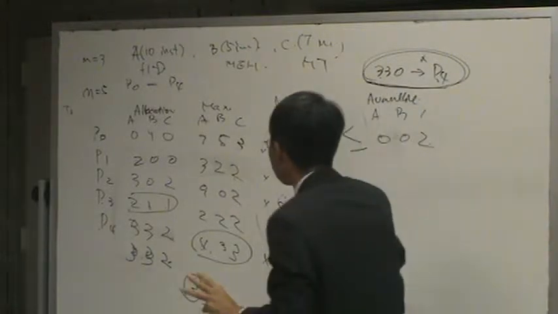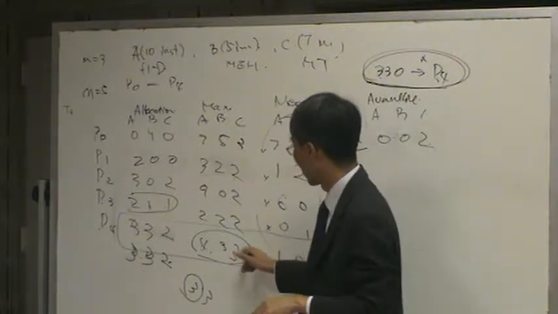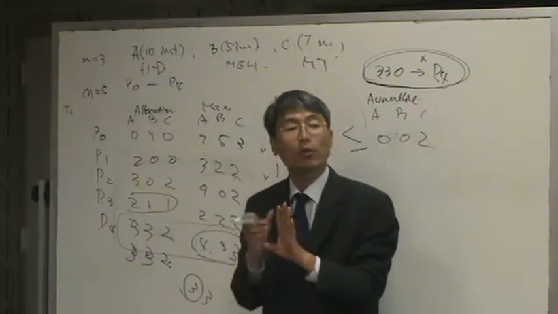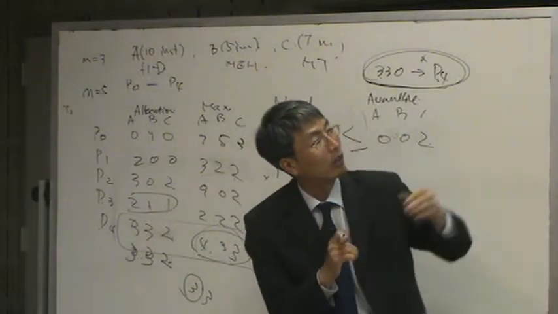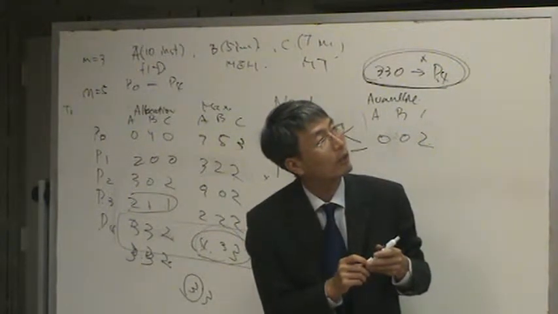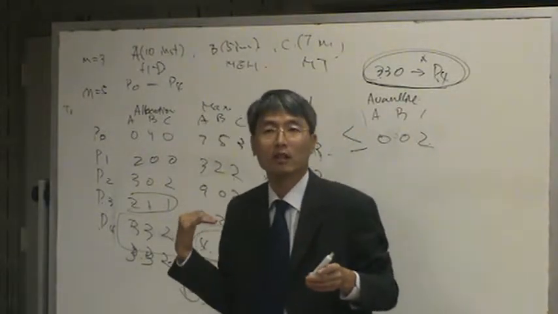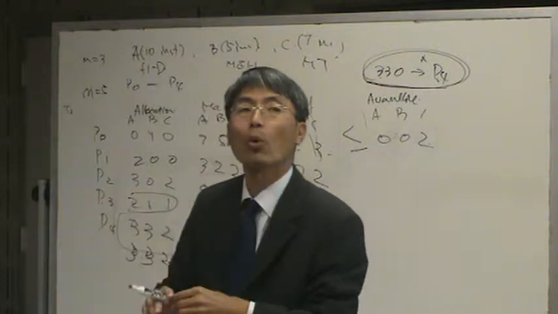Because to be terminated, it needs more resources. So it requests 3 more A and 3 more B, and nothing for C. At that time, can we complete all the processes?